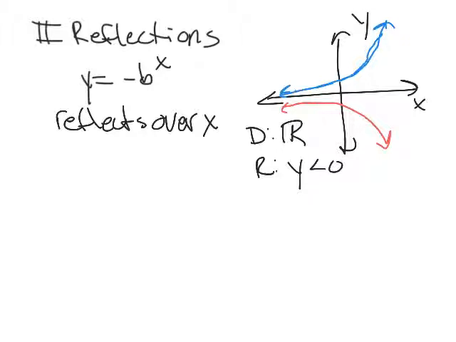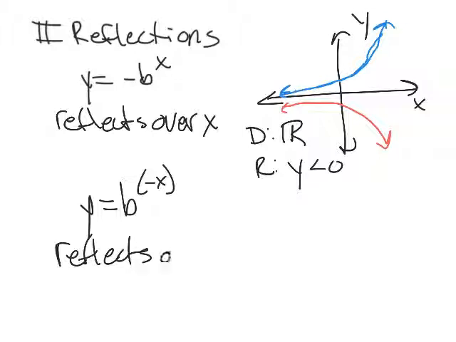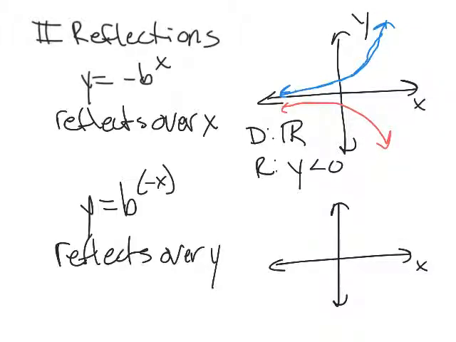If I have y is equal to b to the negative x, that reflects it over the y-axis. So if I want to put a sketch in here, x and y, my original guy looks like him, and my new one's going to cross at positive 1, but he's going to be reflected over the y-axis.